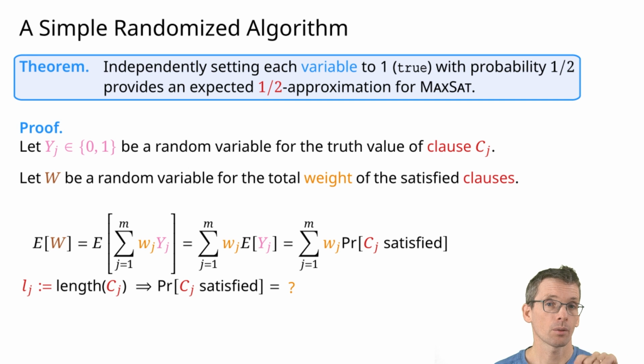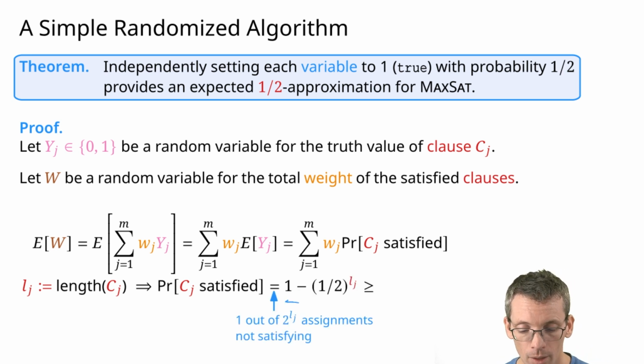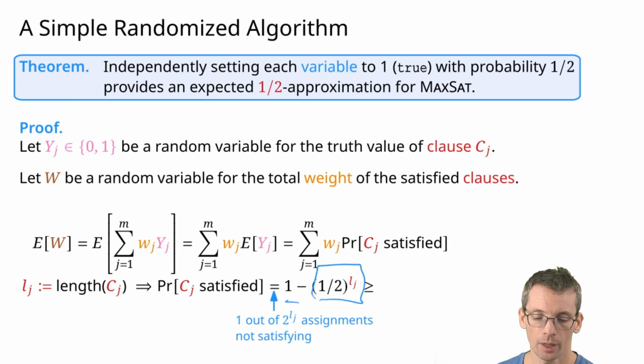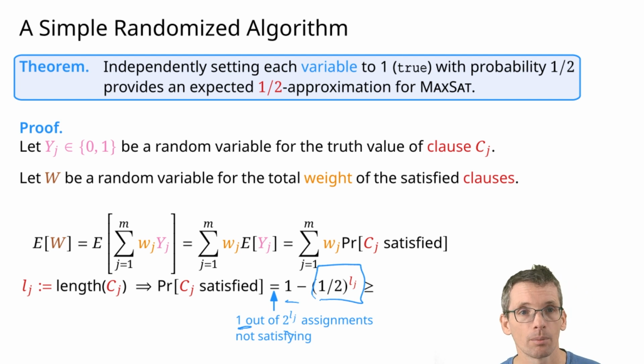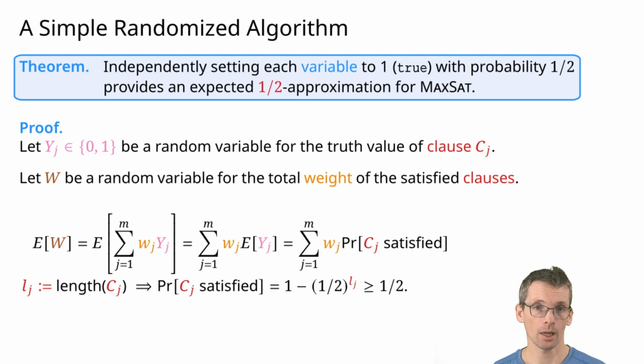The only way that it's not satisfied is that all of the literals don't satisfy that clause. This happens with a probability of 1/2 to the Lj. So this probability is 1 minus 1/2 to the Lj, because exactly 1 out of 2 to the Lj possibilities of assigning the variables does not satisfy the clause. And then Lj is at least 1, and therefore this probability is at least 1/2.